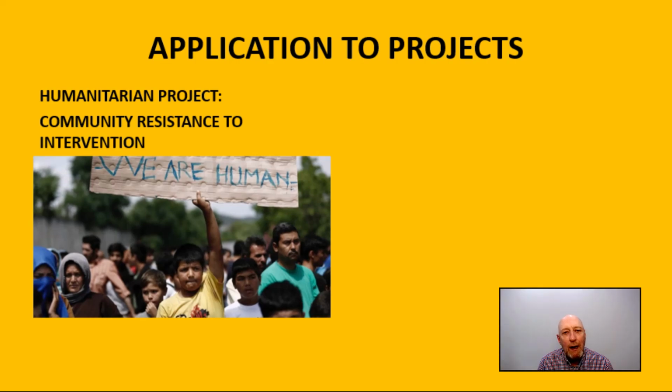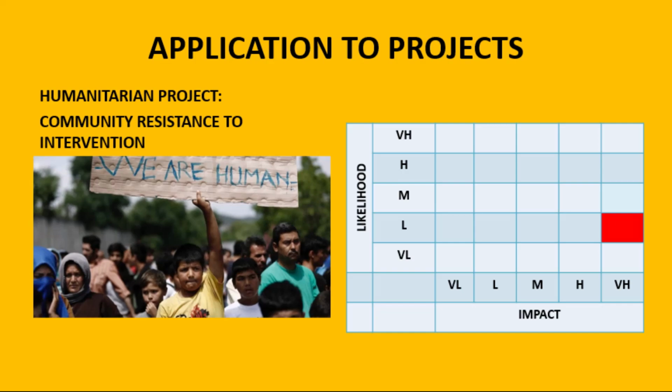Moving to a humanitarian project example, here we have the risk of community resistance to intervention. Now here the likelihood is low based on what we know of prior positive community engagement, but the impact would be very high if this risk were materialized, as it has the potential to hinder project success and community well-being.